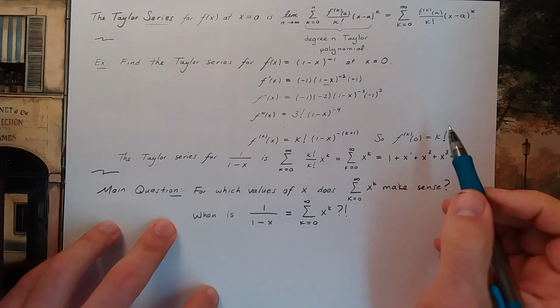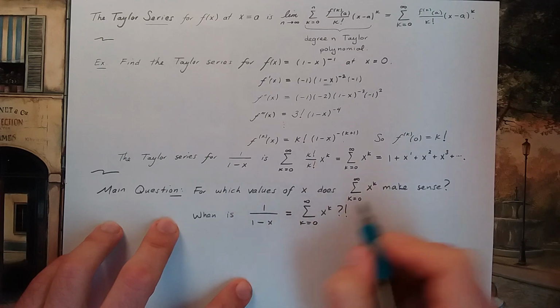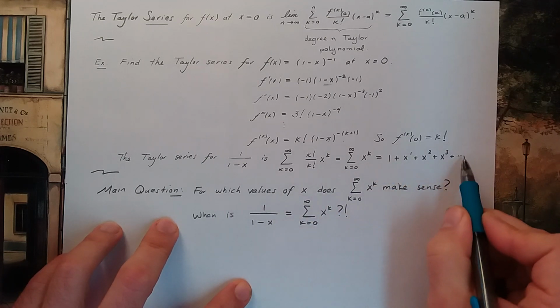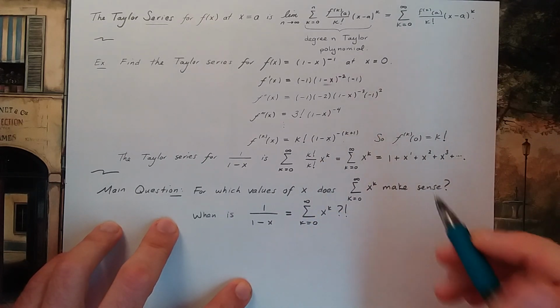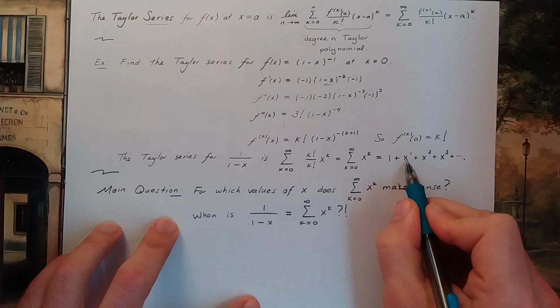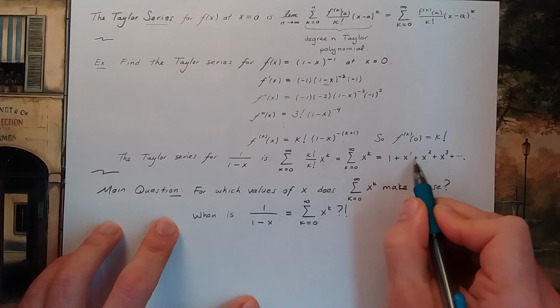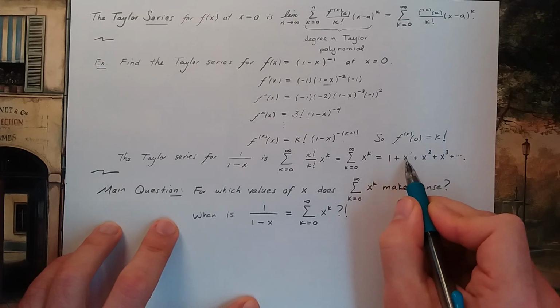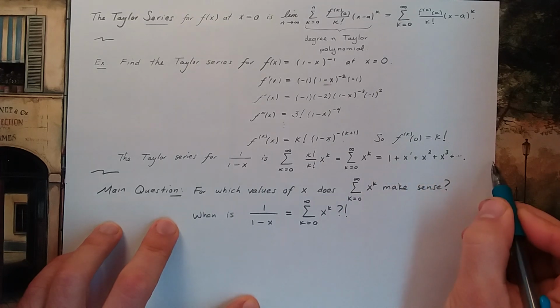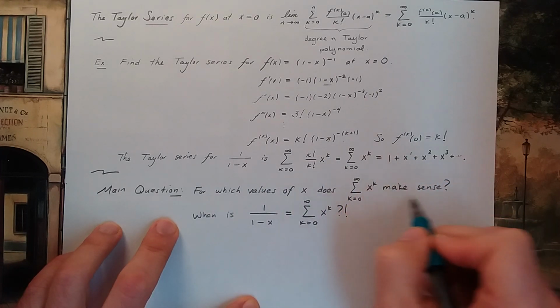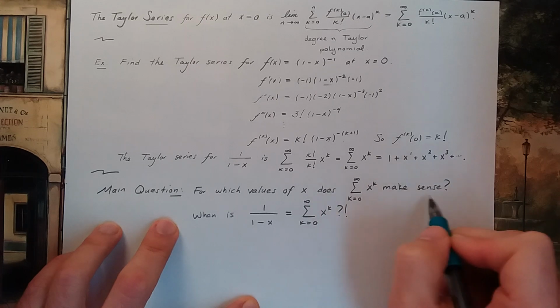What I'm saying is, some values of x give complete nonsense here. Give infinity, for example. If I plug in x equals 1 here, I get 1 plus 1 plus 1 plus 1 forever. That's infinity. That's not really a sensible answer for me.